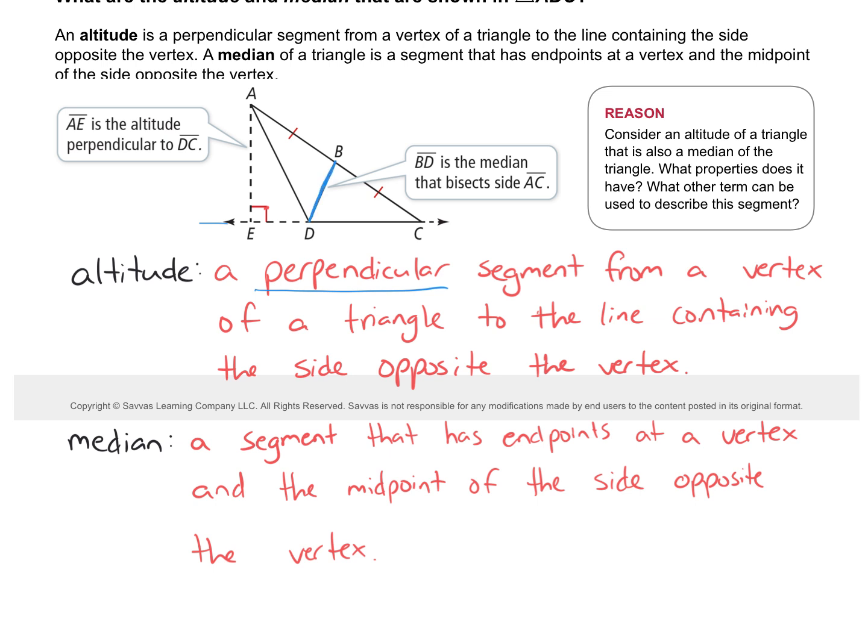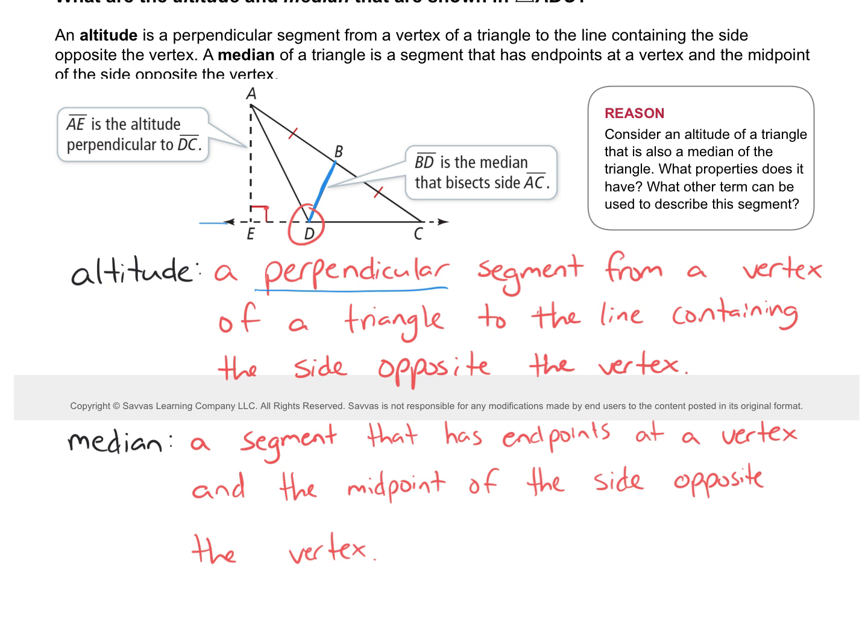Do you agree D is a vertex of that triangle? Because it's where two sides meet. BD is a median because it splits this side in half. B is the midpoint of AC. How is DB, the median, similar and or different from a perpendicular bisector?